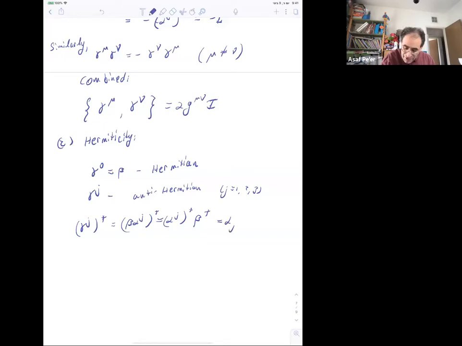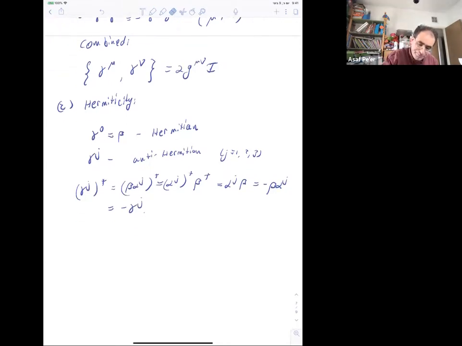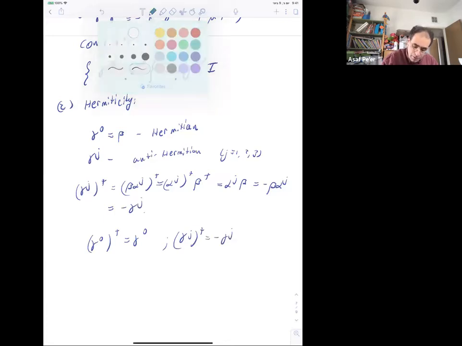So this is just alpha j beta, which is again minus beta alpha j, using the anti-commutation relations, which is just minus gamma j. So gamma 0 is Hermitian, and gamma j is minus gamma j. Nice and easy.